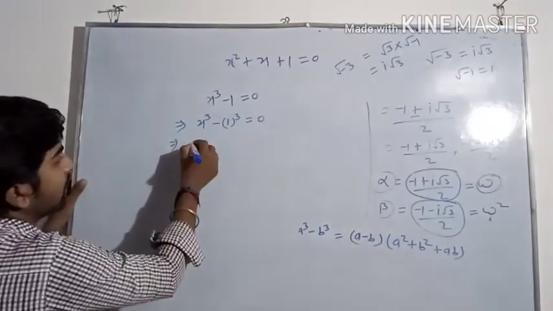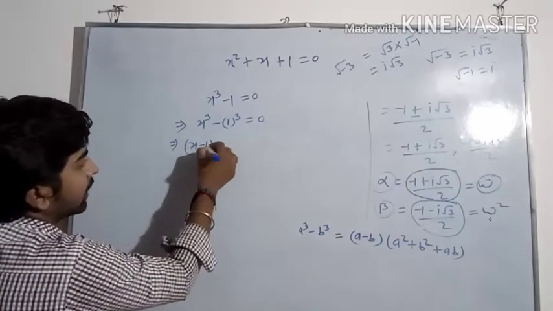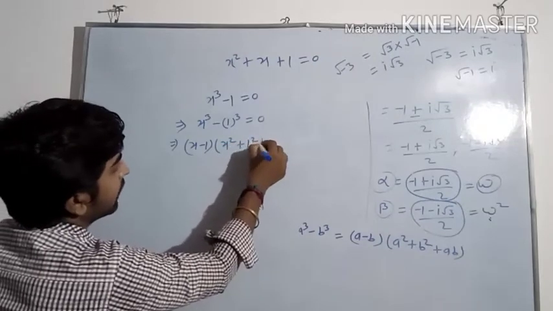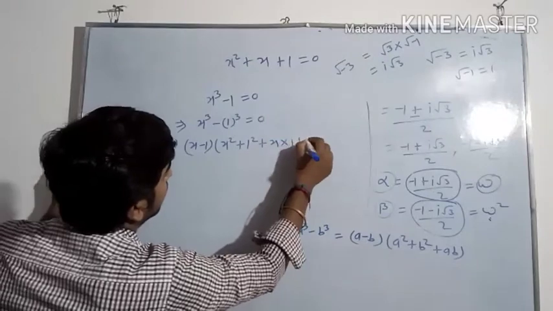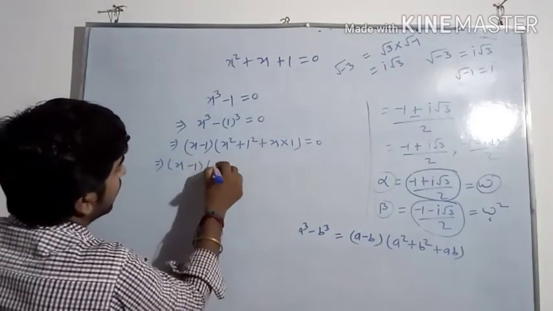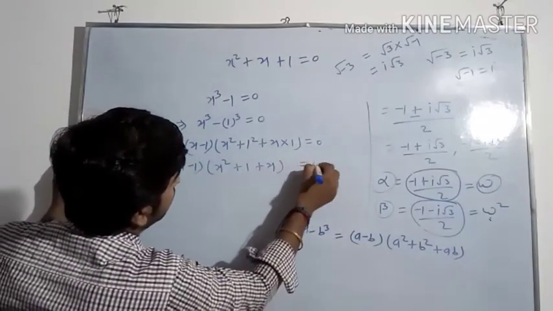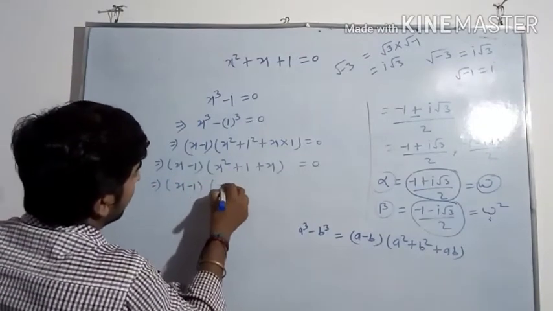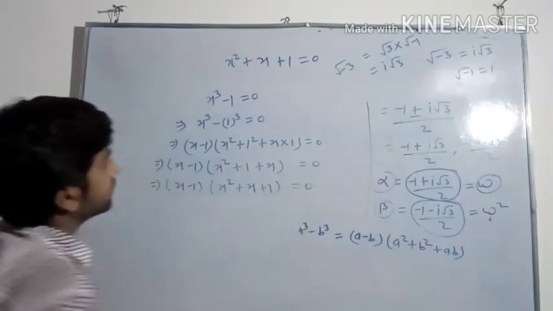So we can use the formula. Now x minus 1 into x square plus 1 square plus a into b, means x into 1, equals to 0. Now x minus 1 into x square plus 1 plus x equals to 0. Now we can write x minus 1 into x square plus x plus 1 equals to 0.